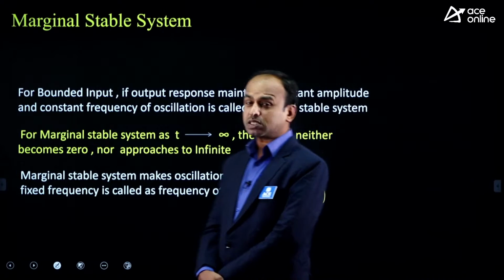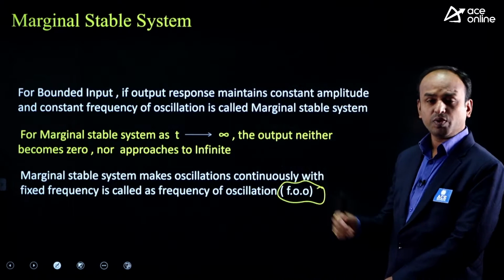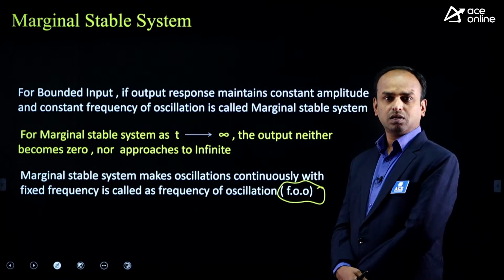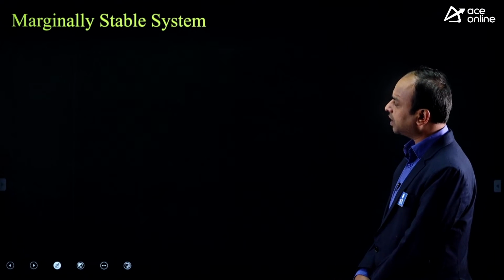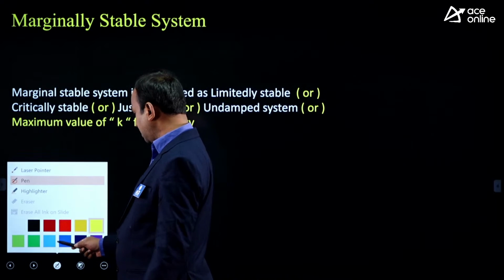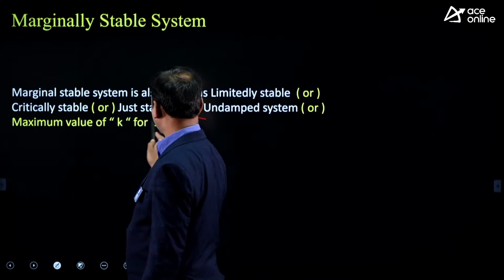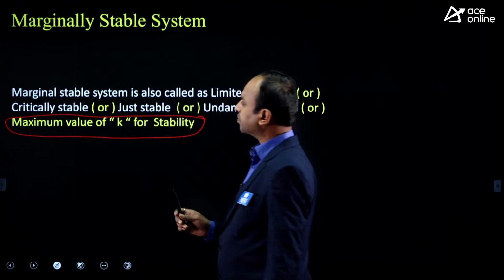Now, what are the other names for the marginal stable system? We can call it just stable, critically stable, or maximum value of k for stability. Previously, ECE gave a 2 mark question asking for the maximum value of k for system stability.